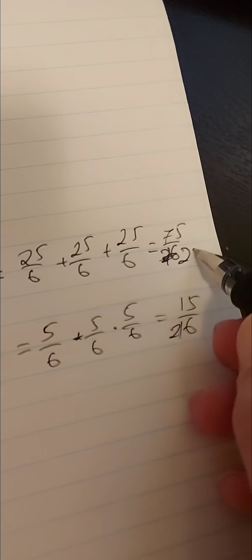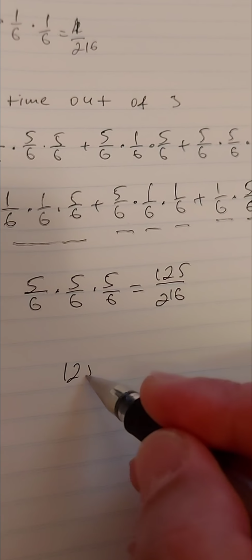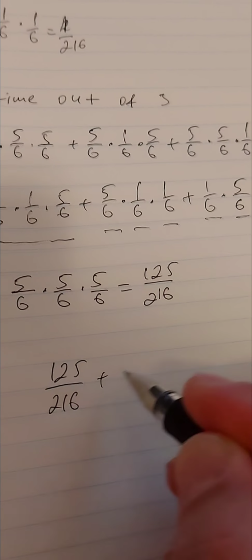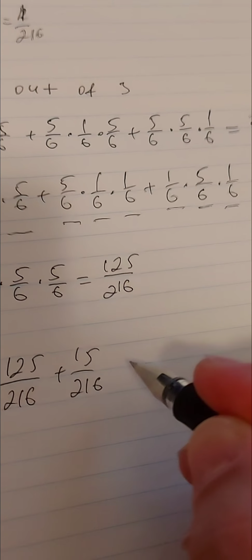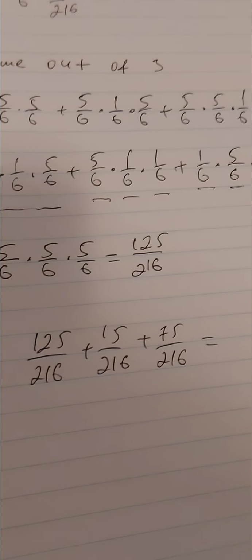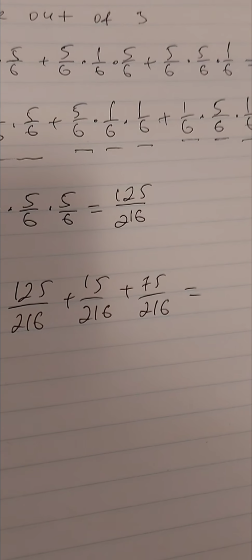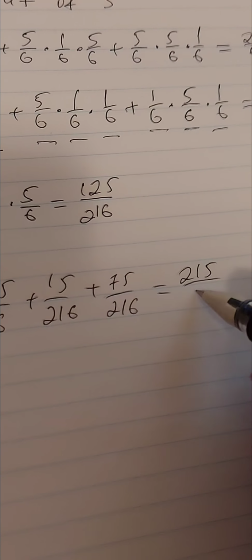So now if we add all the options, it's 125 out of 216 plus 15 out of 216 plus 75 out of 216 equals... 75 plus 15 is 90, and 90 plus 125 is 215.